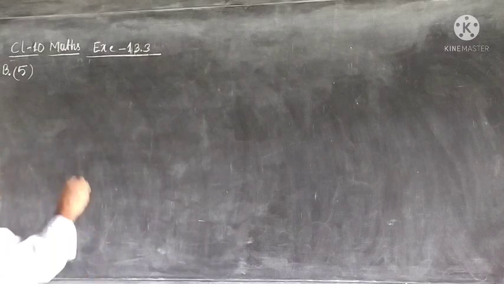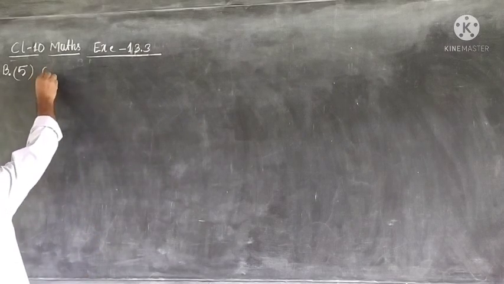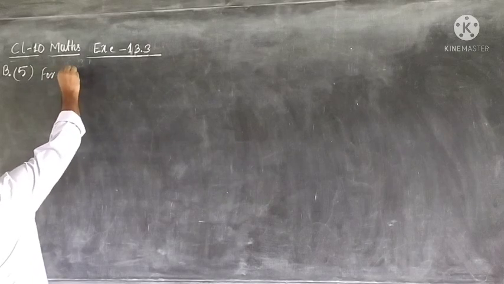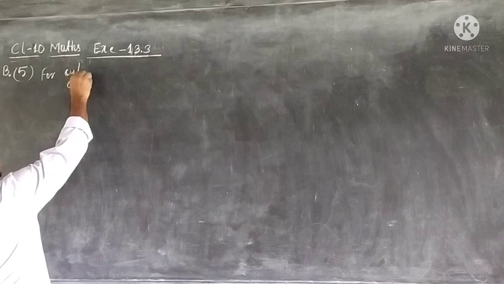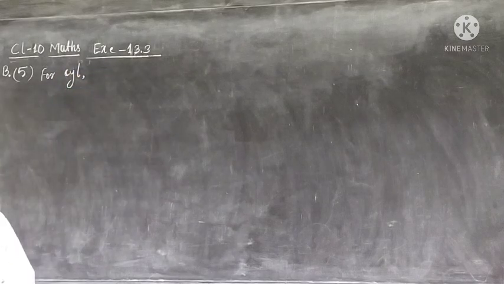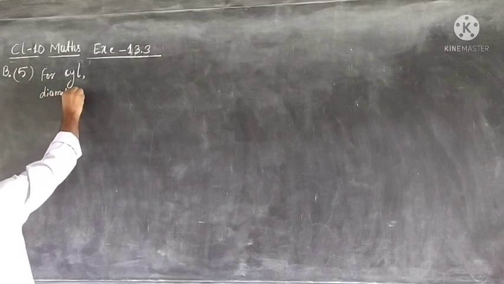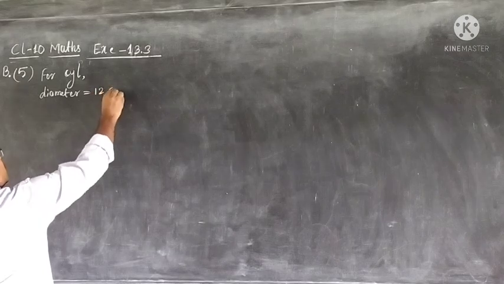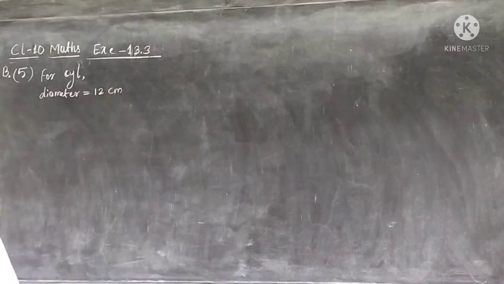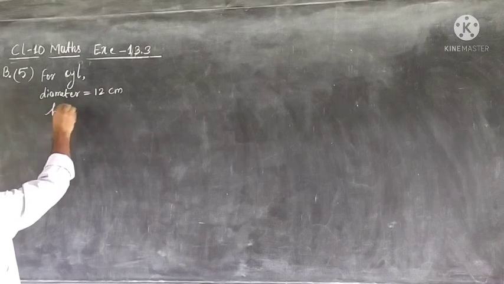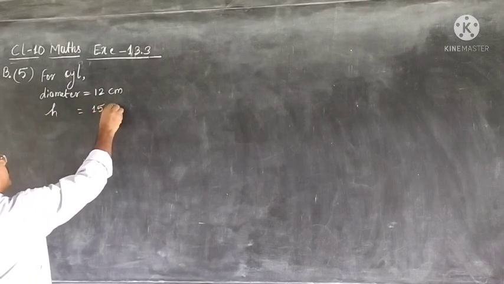So, first solid we have here is a right circular cylinder. For cylinder we have diameter 12 centimeter and height of cylinder is 15 centimeter.